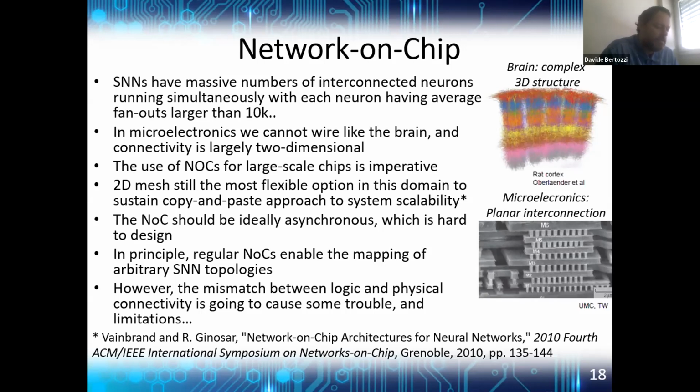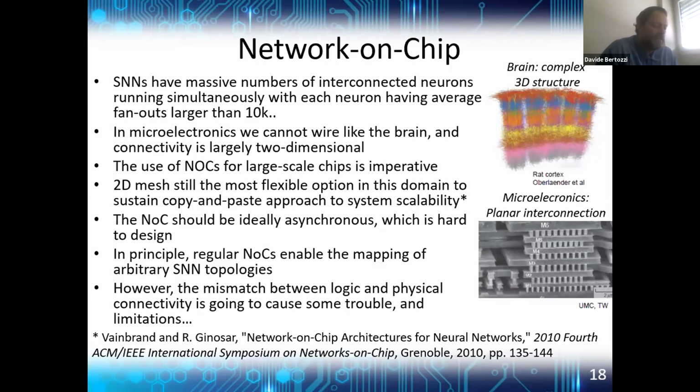So in this domain, the key differentiating feature of the NoC is not the topology, but its synchronization paradigm. Ideally, we want an asynchronous event-driven communication architecture, carrying address events and using clockless handshaking instead of clock-based synchronization. So the fundamental characteristic is that here we're going to use asynchronous interconnection networks.